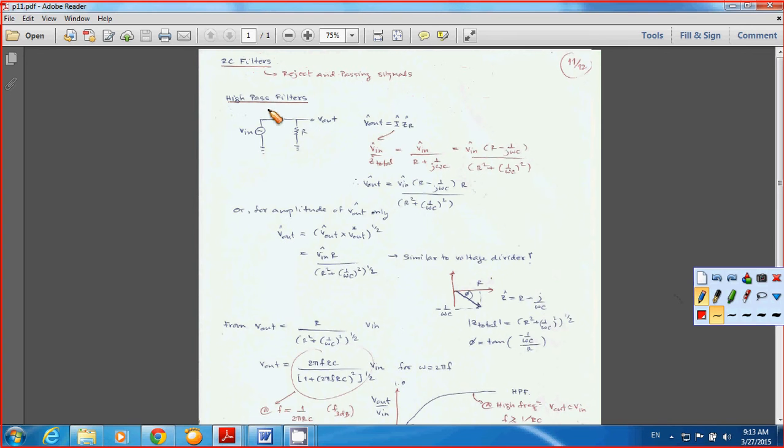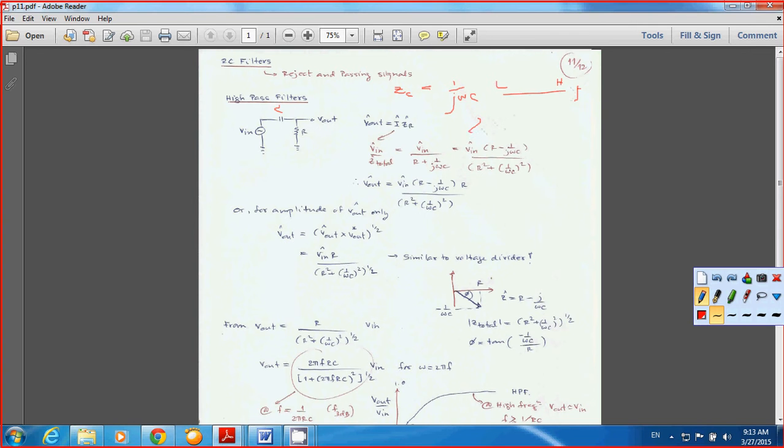First, take a look at the high pass filters. The way you connect the circuit is going to be like this one here. C in series with R, and as I mentioned before, when you want a high pass filter, just keep in mind that the impedance of a capacitor is simply 1 over J omega C. And if you take a look at the frequency here, let's start from low to high.